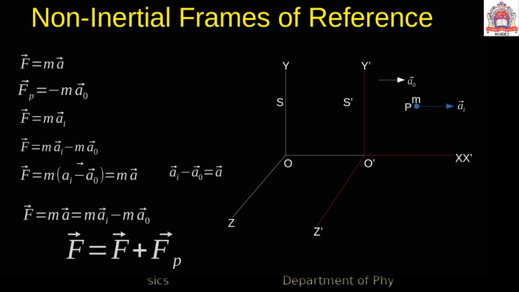The inertial frame may be defined as the frame in which Newton's laws are valid, and in non-inertial frames, Newton's laws are not valid. So this is the inertial and non-inertial frame of reference.